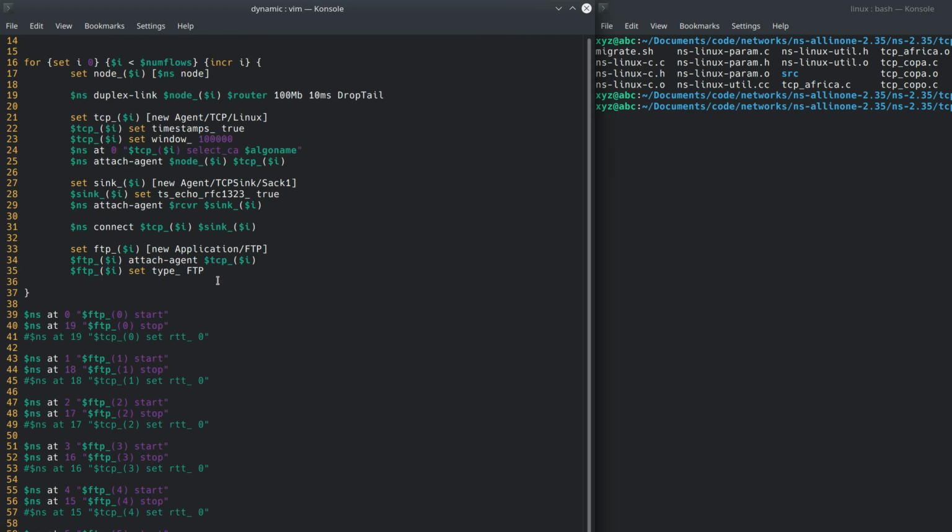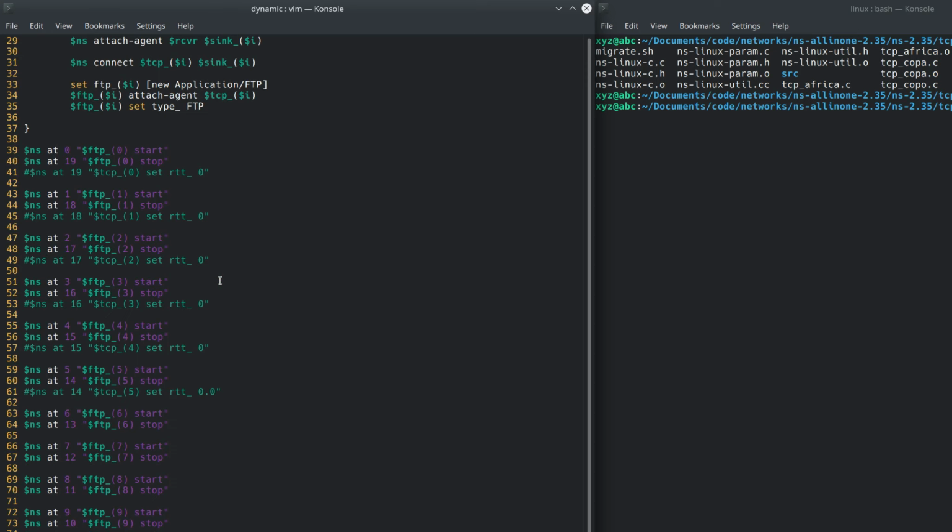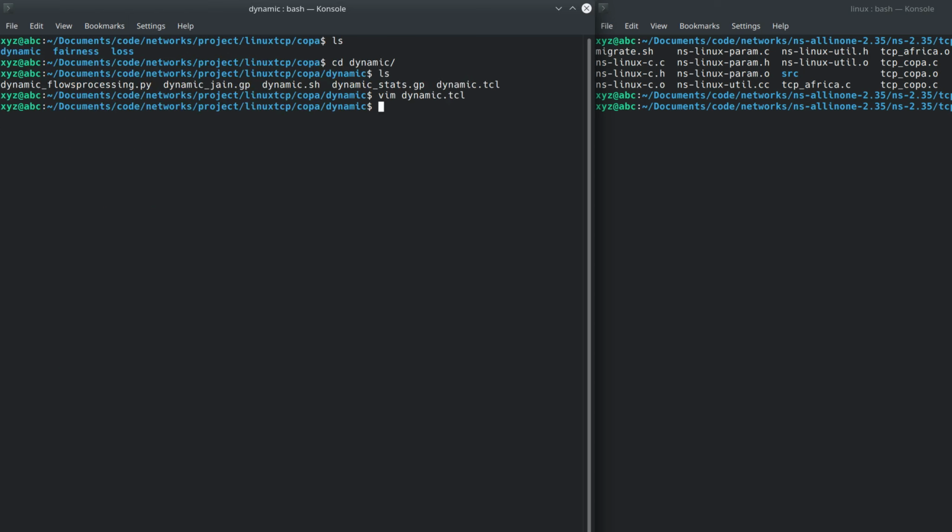Okay, so we're going to be measuring the throughput at different points of time. And so basically we're going to be collecting the data of the 10 flows in different points of time, and then we're going to process this data using this Python script.